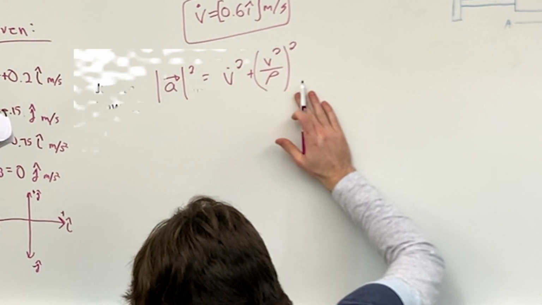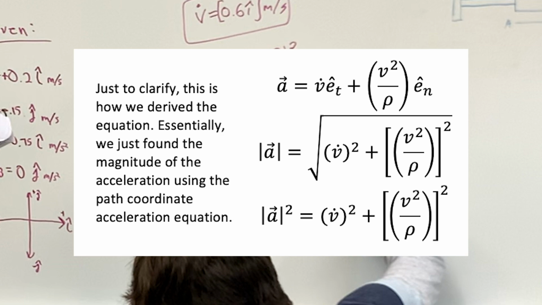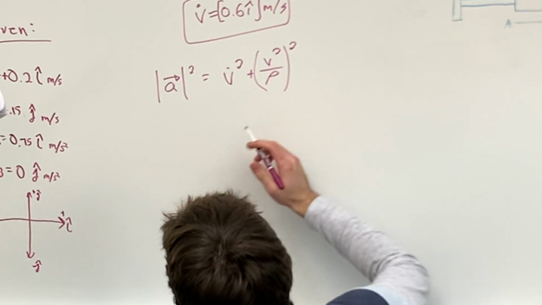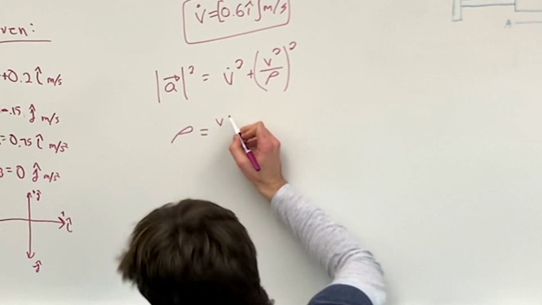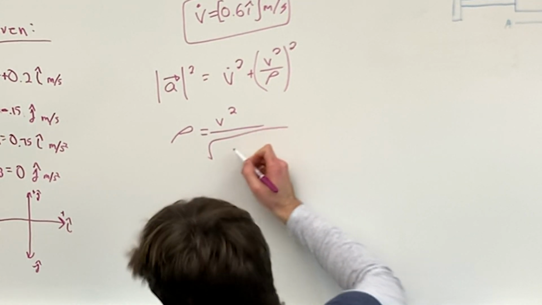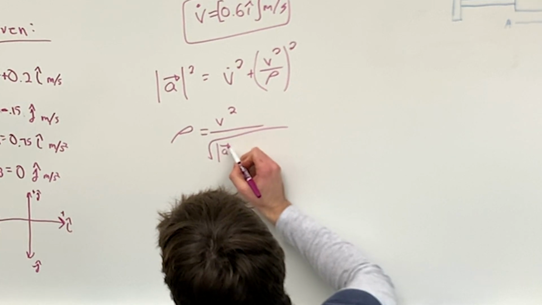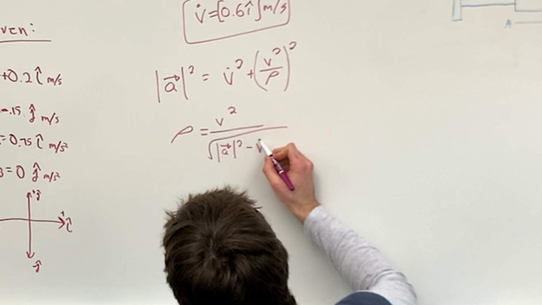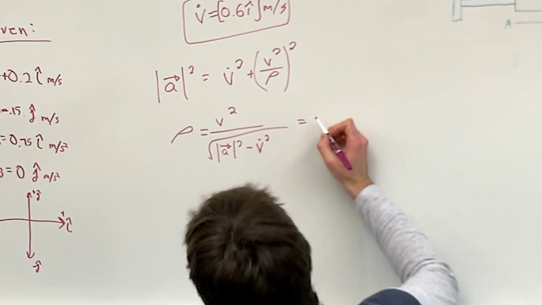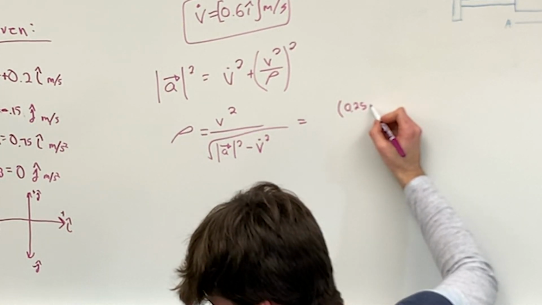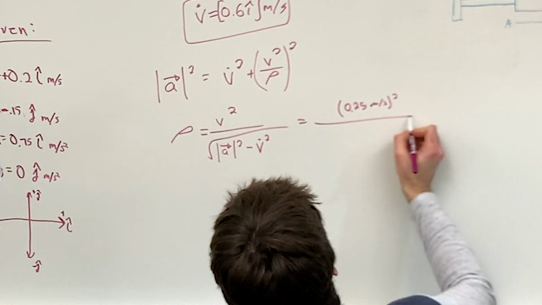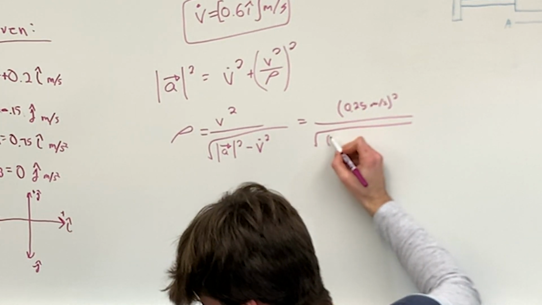So once you simplify that equation, you end up with rho is equal to V squared over the square root of the acceleration vector magnitude squared subtract V dot squared. Plugging in your values, you end up with rho is equal to 0.25 squared over the square root of 0.75 squared, subtract 0.6 squared.